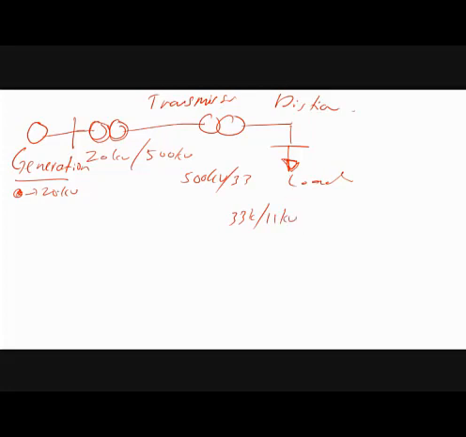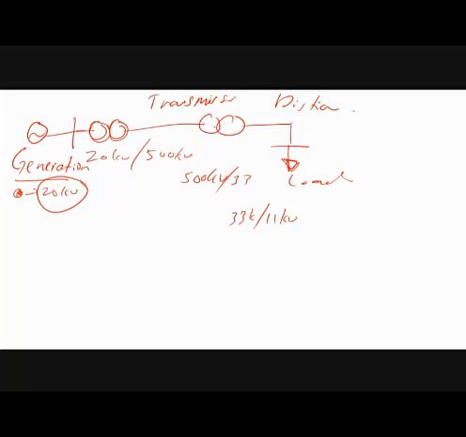So if you look at this network, we have a generator at 20 kV, then we step up the voltage using high voltage transmission, and then after that we have to step it down by several transformers.